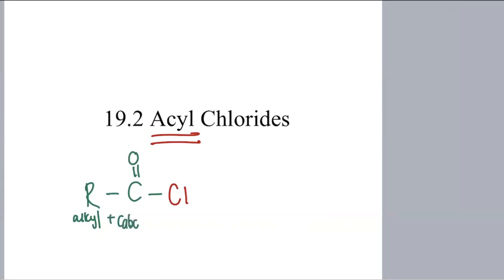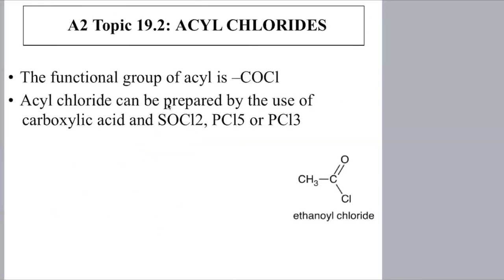Carbonyl is C double bond O. So this green part is your acyl group: alkyl plus carbonyl. And then the chloride is self-explanatory because you have a chlorine hanging on the carbonyl carbon, C double bond O. So the functional group of an acyl chloride is the C double bond O Cl.